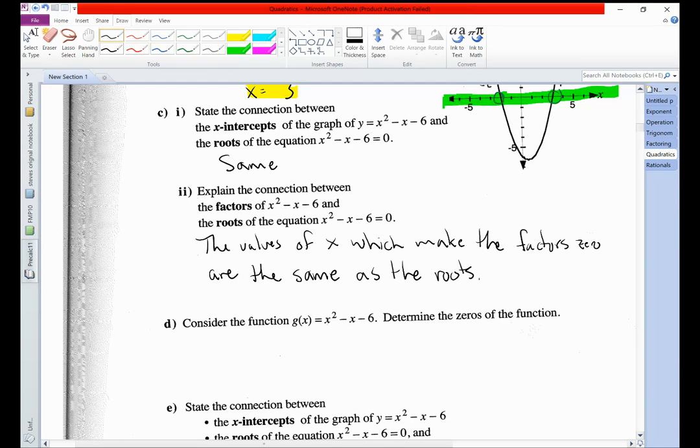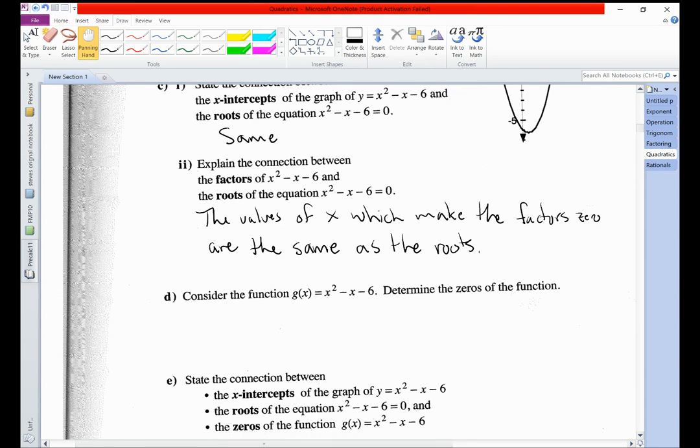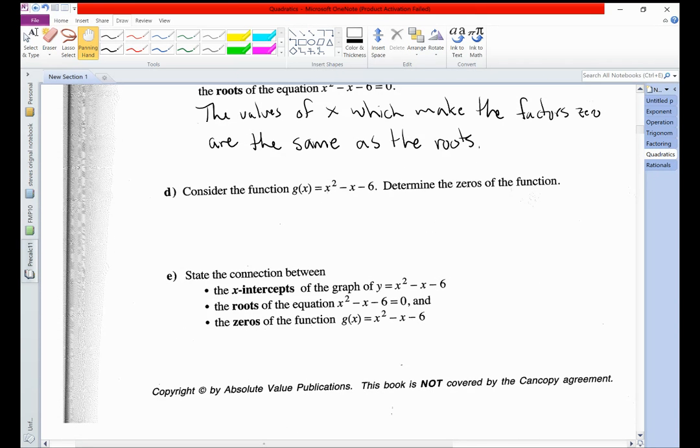And then it says down here, consider the function g of x is equal to x squared minus x minus 6. Determine the zeros of the function. So we know when we're looking for zeros of the function, we're looking for the x value that makes this whole equation equal to 0. So you can say x squared minus x minus 6 is equal to 0. And then what we're going to do is factor this.